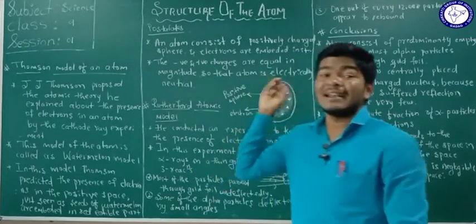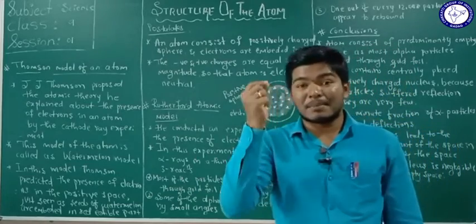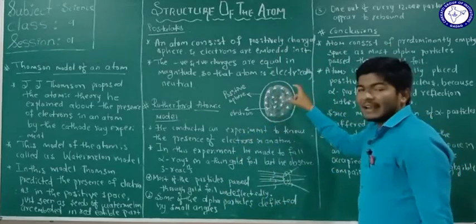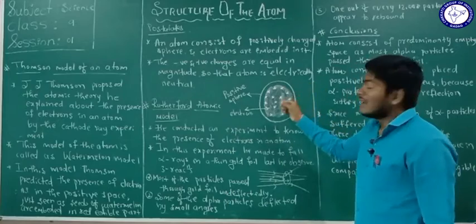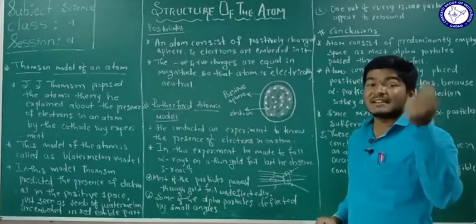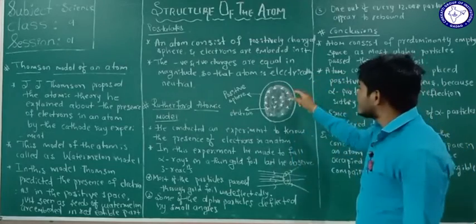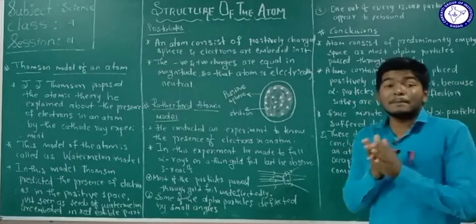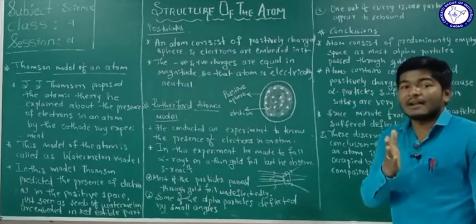In that edible part, we see the black seeds are present. Like that, in an atom, the electrons are present inside the positive sphere.